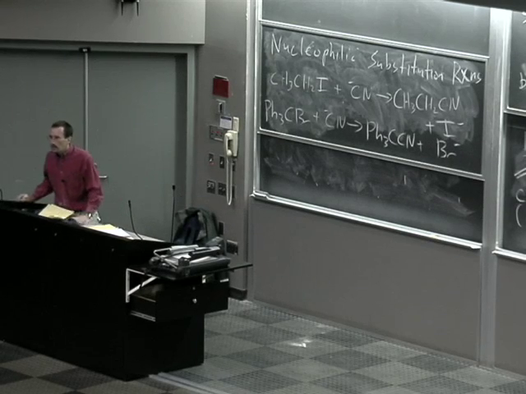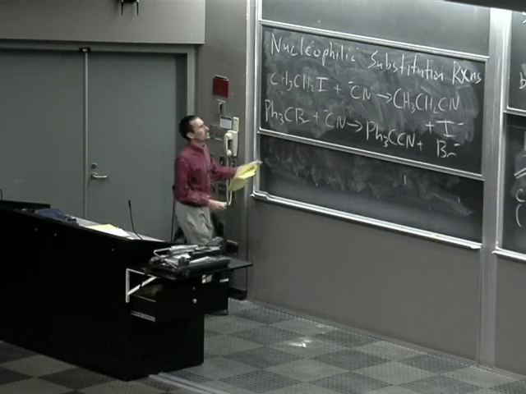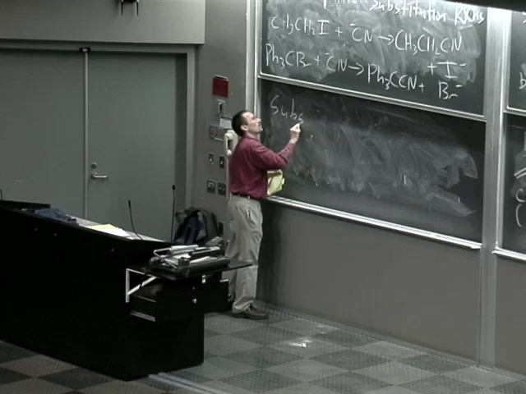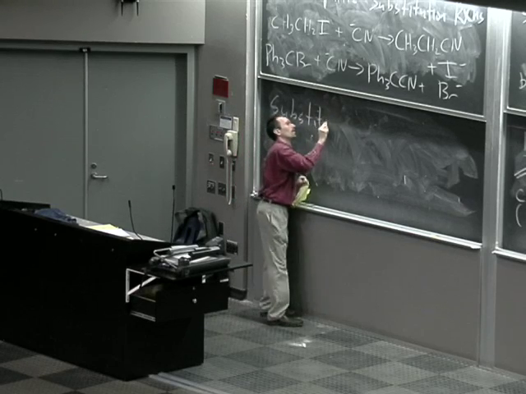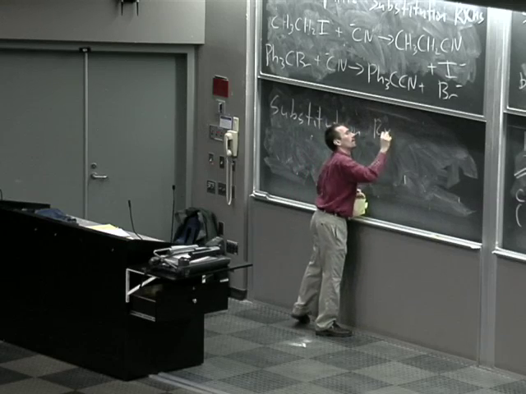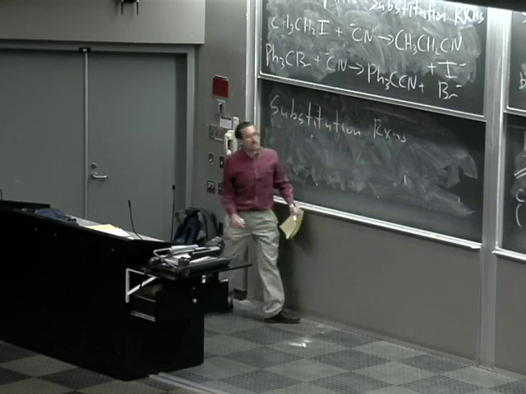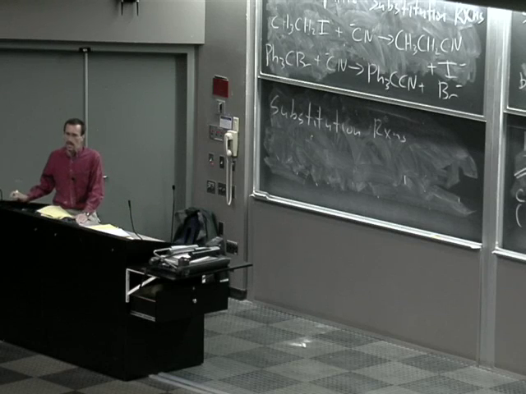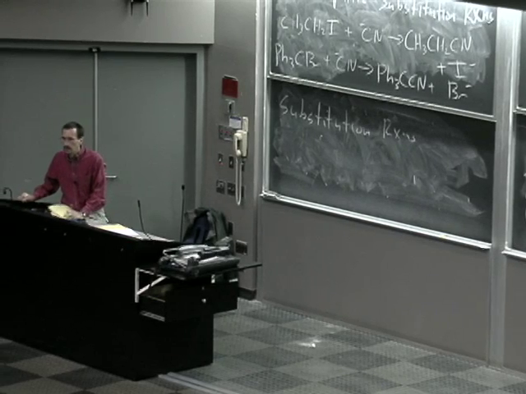All right, these are both substitution reactions, and of course by substitution, I mean that one group is replacing another. In both of these examples, cyanide is replacing a halide.